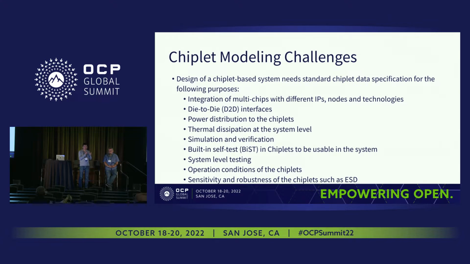I think this becomes even more important in chiplet design, because every die or chiplet probably has a certain kind of sensitivity, and how you handle one versus another matters. When you put these things together, you want to make sure you don't destroy the most sensitive chiplet used inside the system.